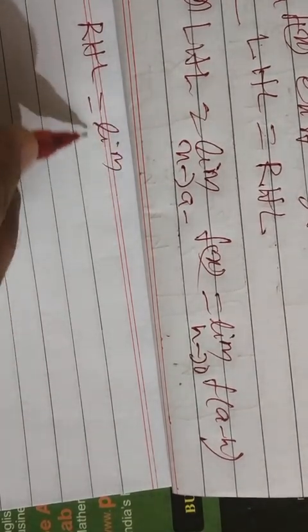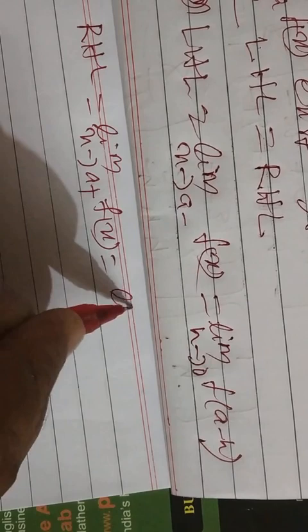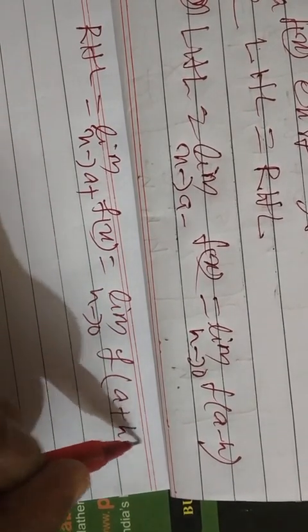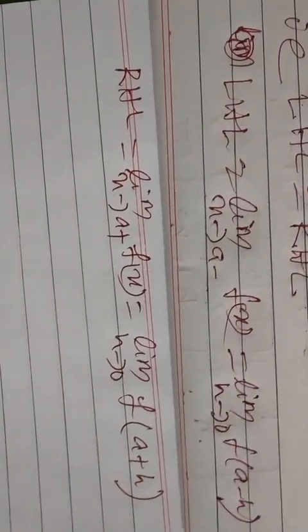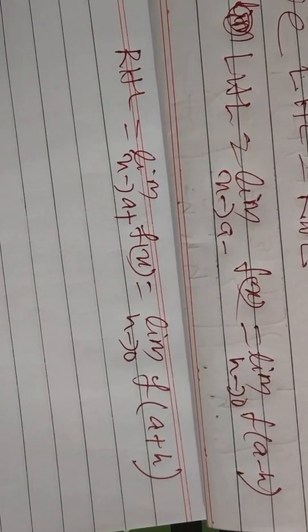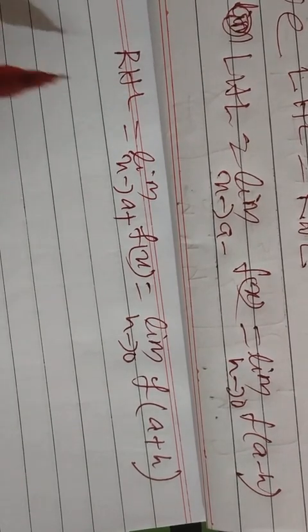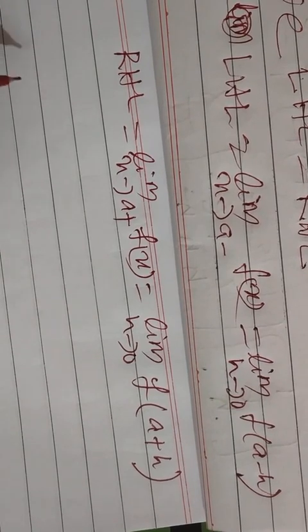And how do we find the right hand limit? It is limit x tends to a plus f(x). How do we get it? Limit h tends to 0 f of a plus h. I think you are understanding the things. Then the question arises, when to find LHL and RHL, that is, where there is a chance of non-existence of limit.